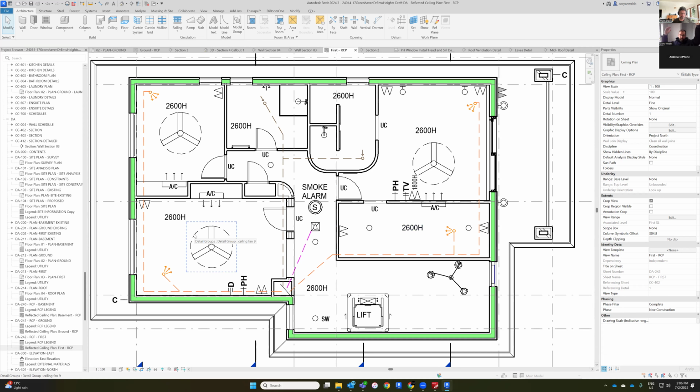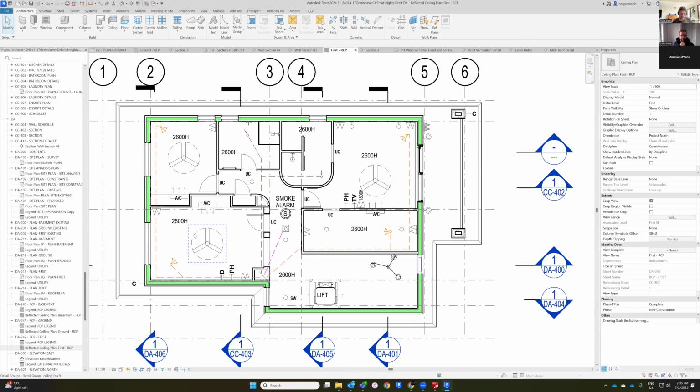Well, what I've got an issue with is the building height for DA, because of the raised heel truss increasing the roof height. I want to make sure that we don't break the LEP 8.5 building height. So if I can reduce the roof height, it might be okay. Okay.